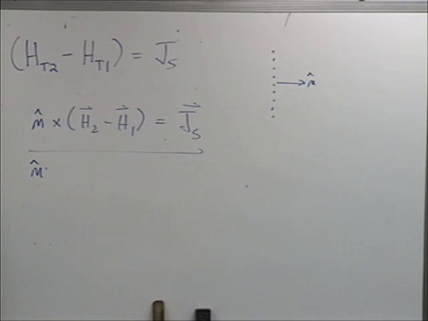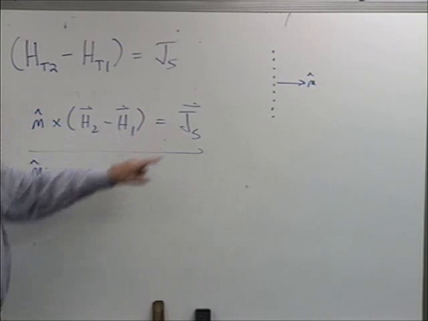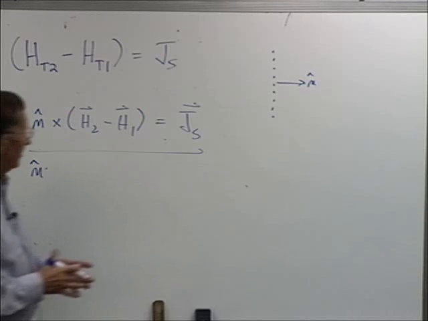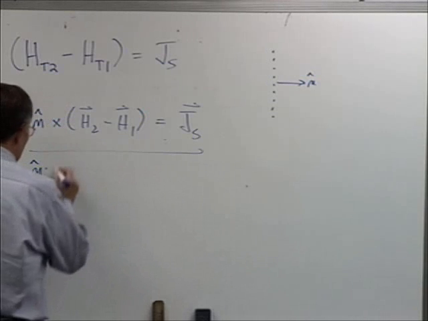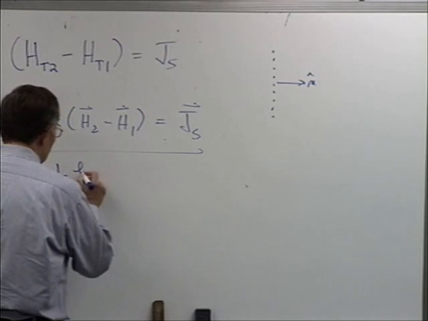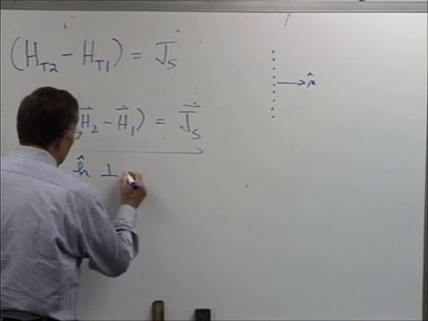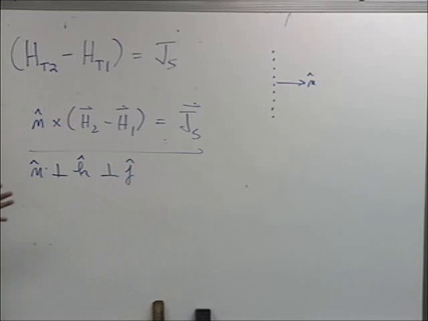What relationship do we have between N and H and J? Does anybody see what I'm getting at? They're all perpendicular. N hat is perpendicular to a unit vector along H, is perpendicular to a unit vector along J. They're all perpendicular.